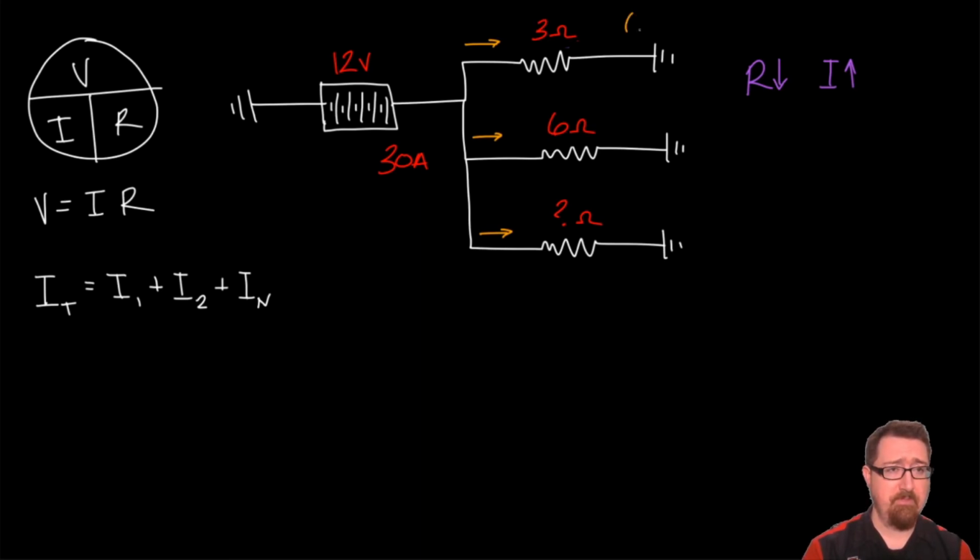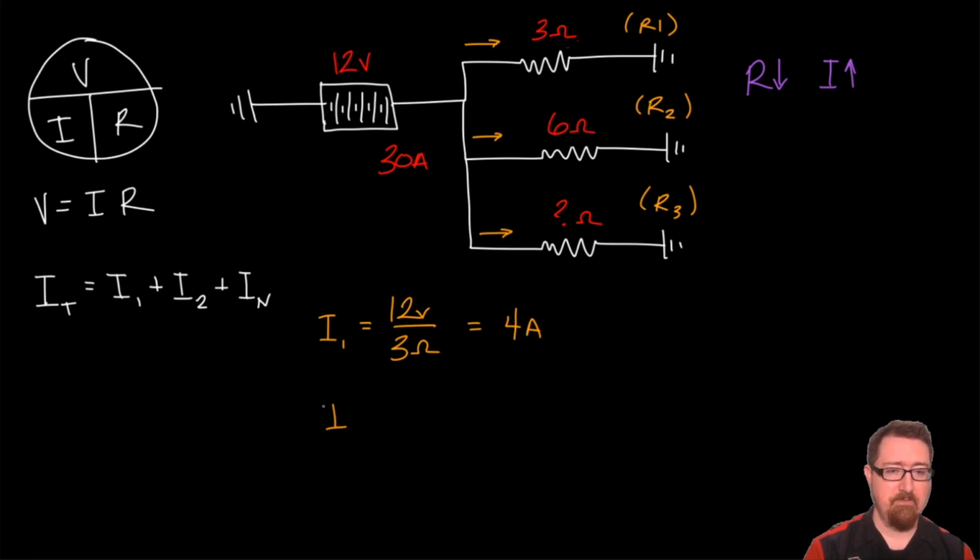Let me put up here R1, this is R2, and this is R3. So I1 is going to be 12 volts divided by 3 ohms. So that's going to equal 4 amps.